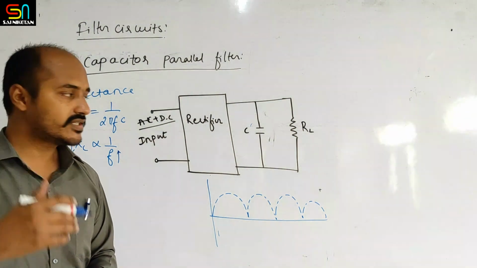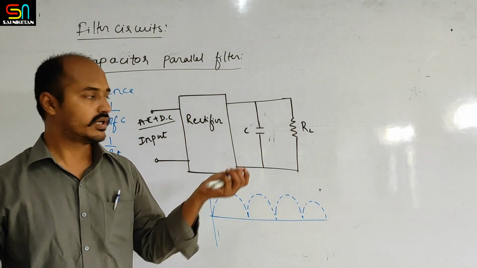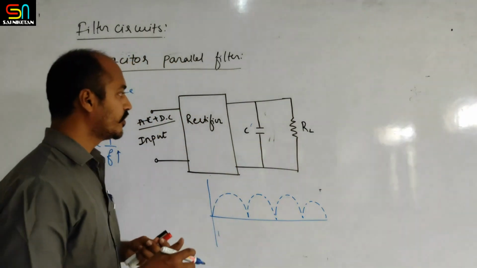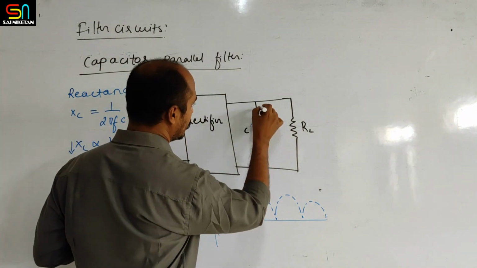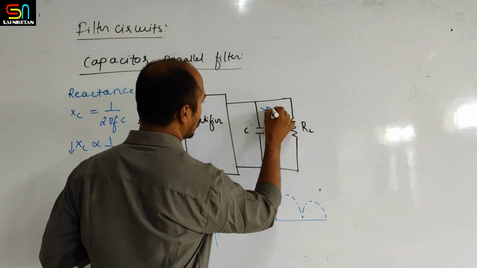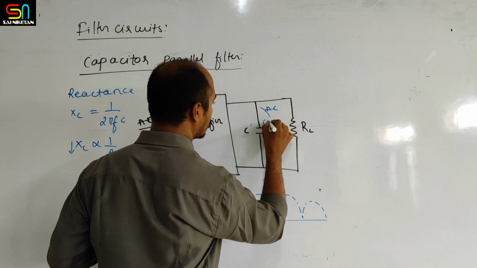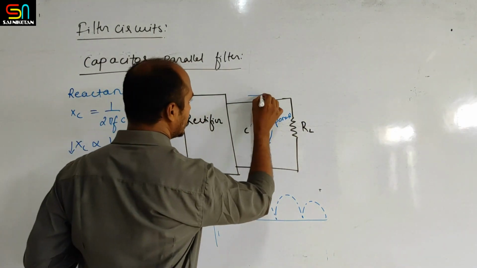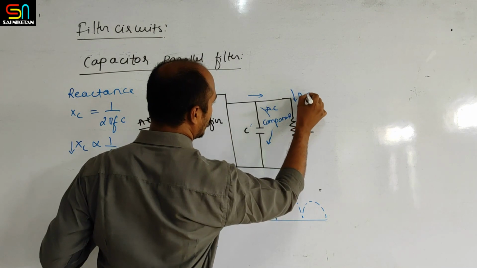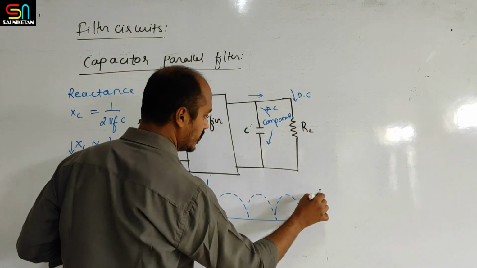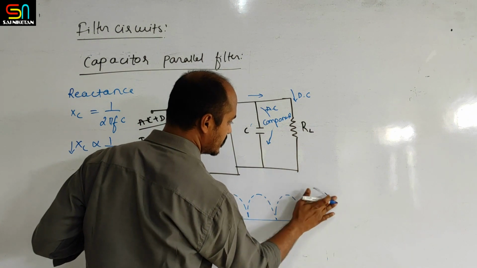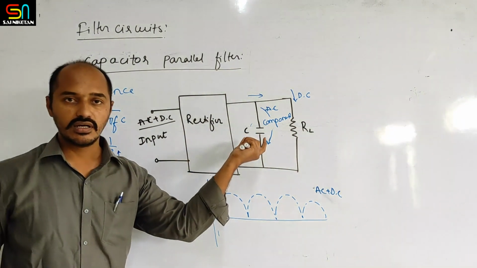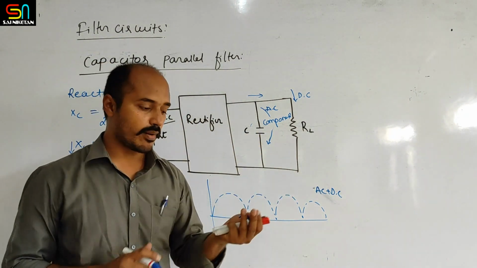Now, if the frequency of the current is more, the resistance of the capacitor decreases, which means all the high frequency current, that is the AC component, flows through this capacitor. The AC component bypasses through the capacitor, only DC flows through the load resistance, and this dotted line is AC plus DC, and because of this capacitor it bypasses the AC component.